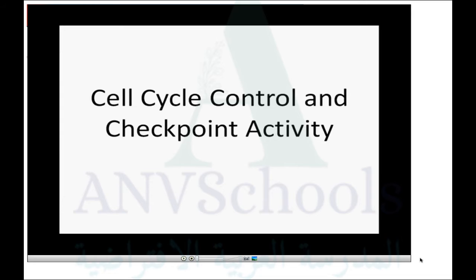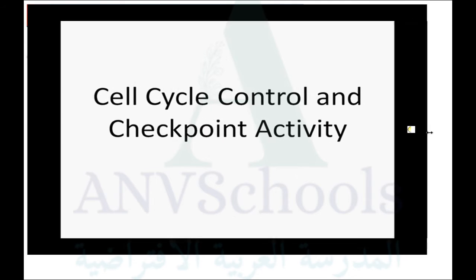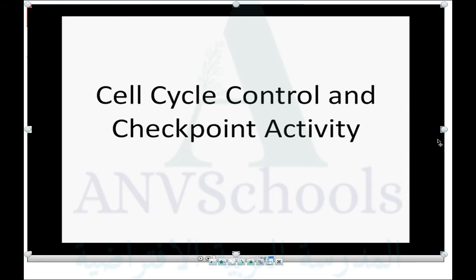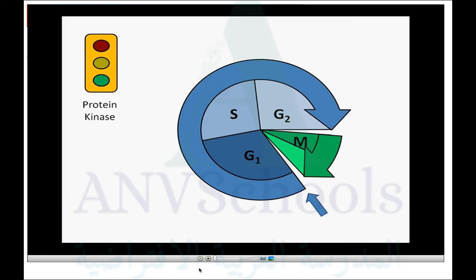So let's see how we can get the picture from here. We have here cell cycle control and checkpoint activities. So we are expecting that as the cell divides, it will go through checkpoints. So this is protein kinase.